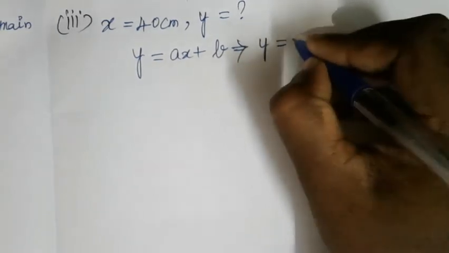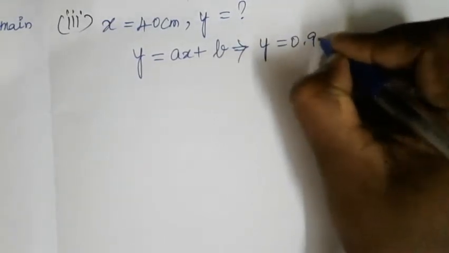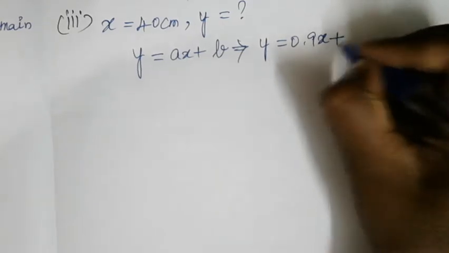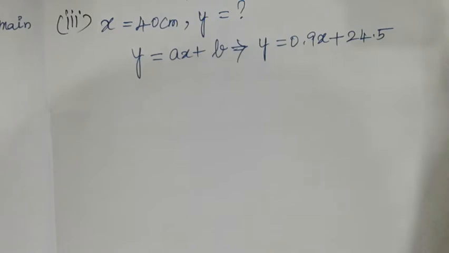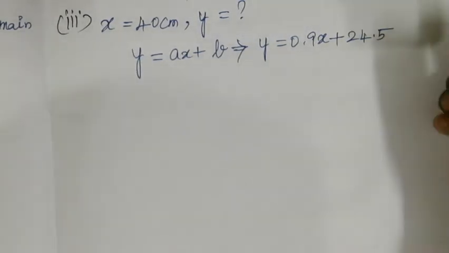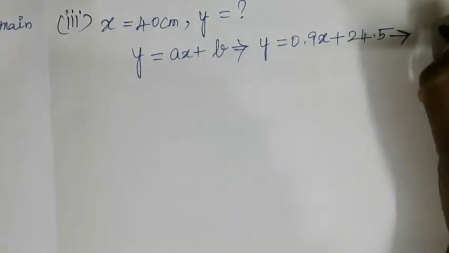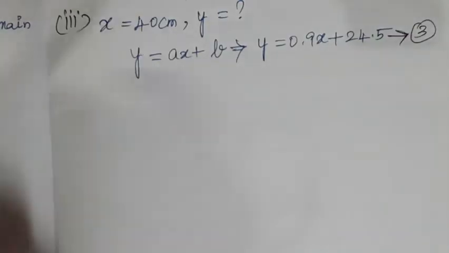Therefore, Y is equal to A value is 0.9 into X plus B is equal to 24.5. Now we have this equation. In this equation, I am going to substitute the known value and find the unknown value. Let it be the third equation.